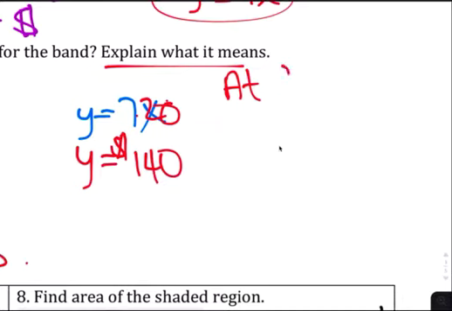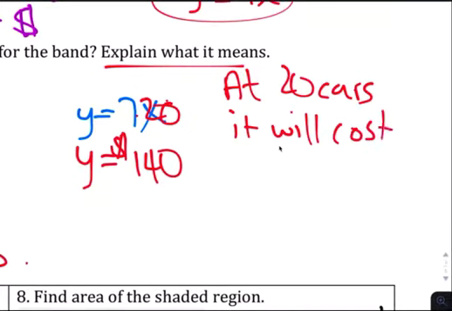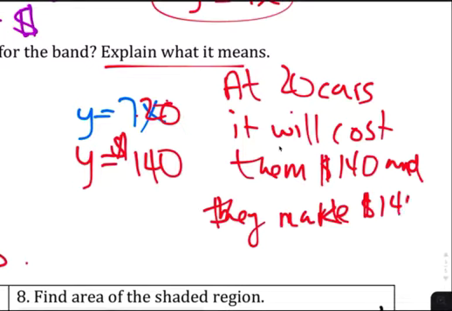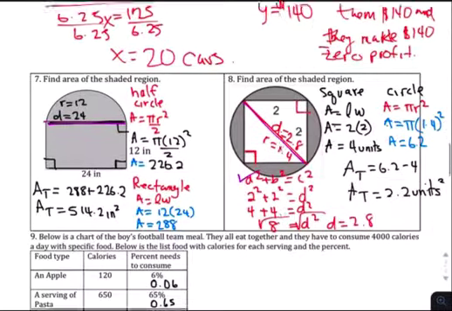At 20 cars, it will cost them $140, and they make $140. So zero profit is basically what we want, zero profit. That's where we're at.